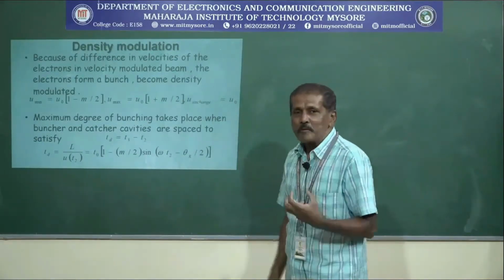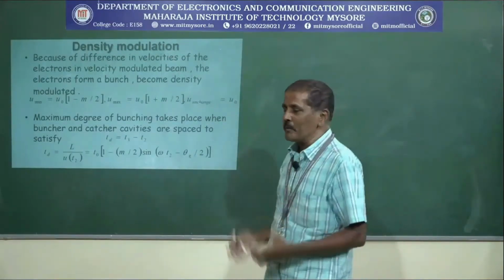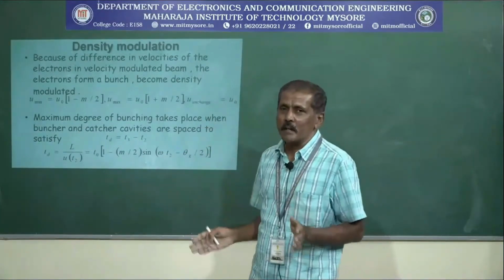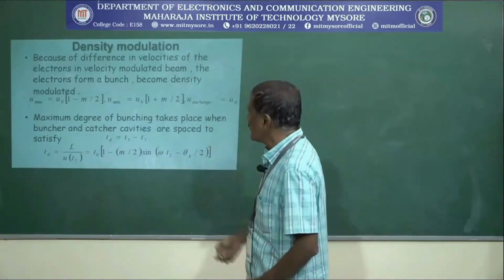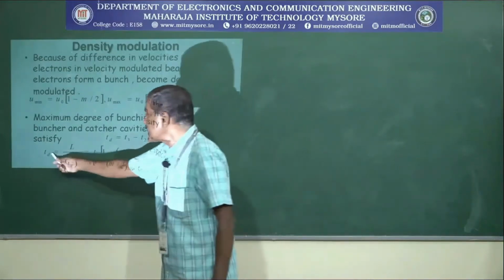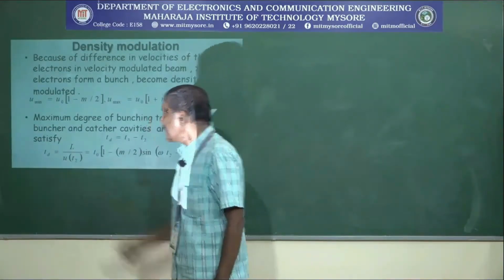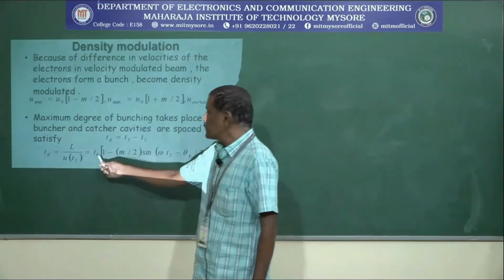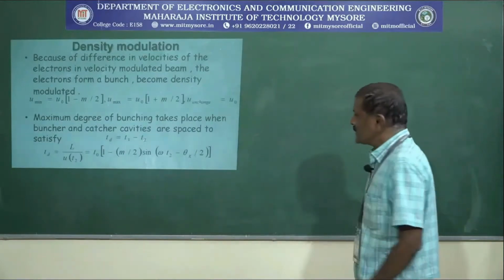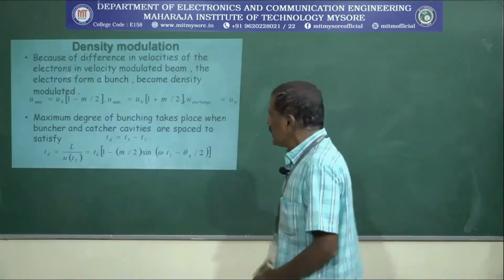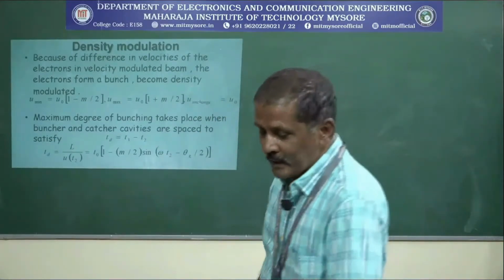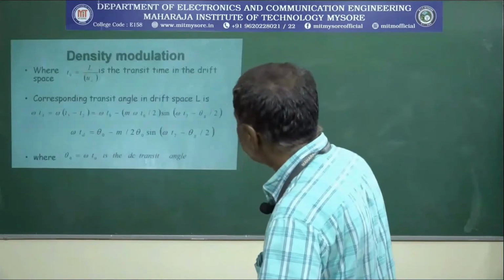We want maximum bunching to take place, so that more electrons are bunched together, and the spacing between the buncher cavity and the catcher cavity has to be adjusted in such a way that Td is equal to T3 minus T2, where Td is calculated by the equation L divided by u at T2, which is equal to T0 into 1 minus m by 2 into sine of omega T2 minus theta g divided by 2. If this condition is satisfied, then we get the maximum bunching.